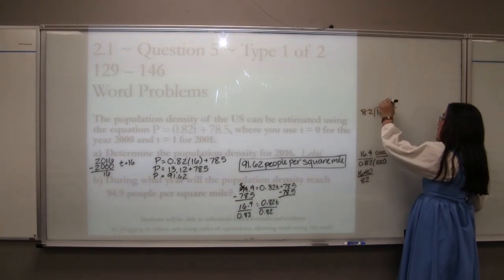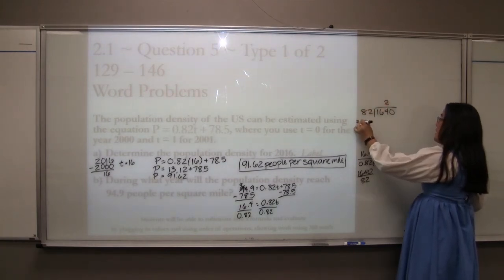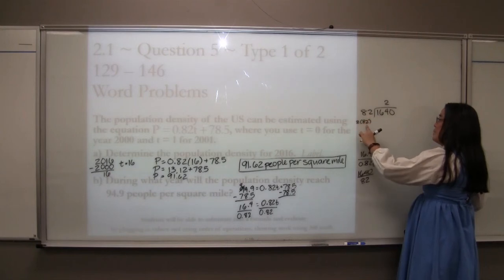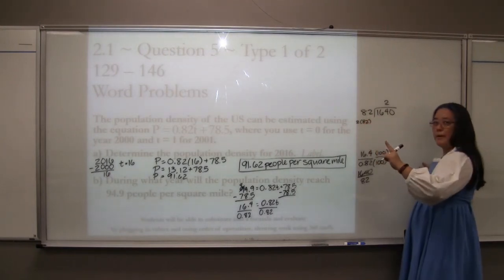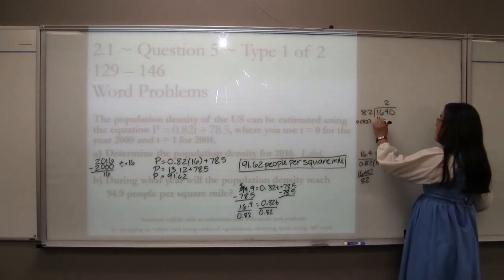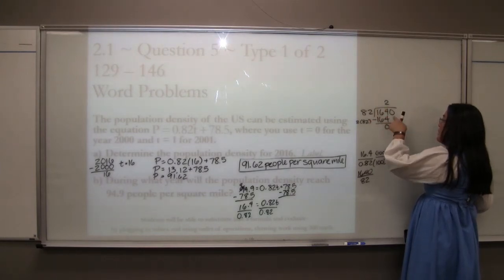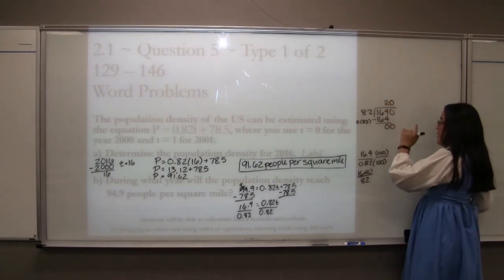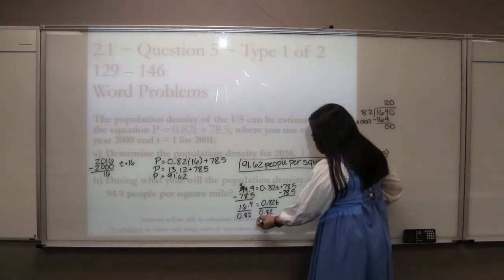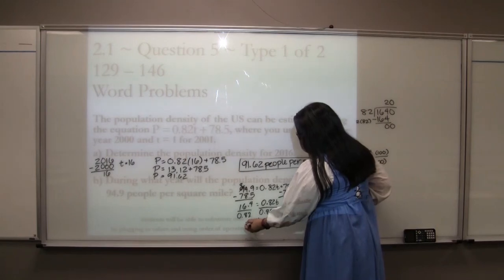It goes in there 2 times. 2 times 82. This work here is actually preparing us for chapter 5. Subtracting, and I get 0, 0, but because I haven't gotten this quite to the end yet, I need a 0 there. So I then get that the answer is t equals 20.